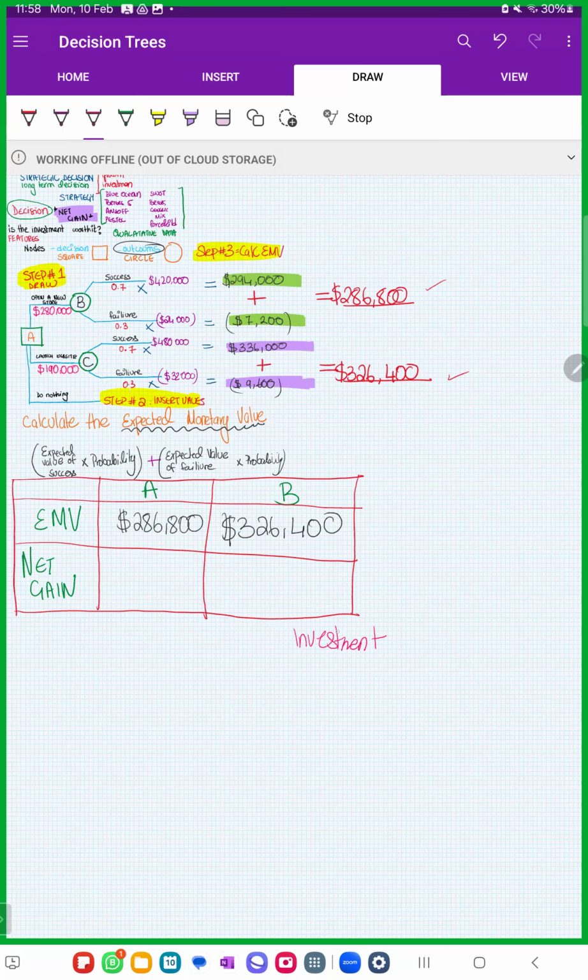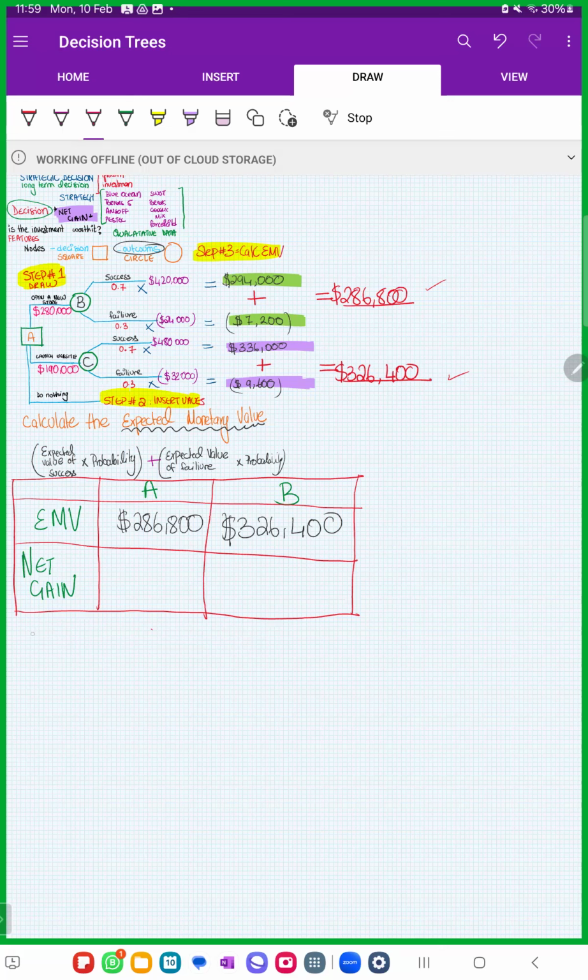Investment minus your gain. Does it matter? I think the answer will be negative if I do it the wrong way around. Yeah, it should be the other way around. I was right the first time.